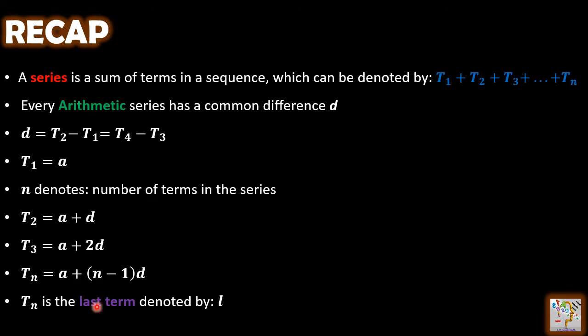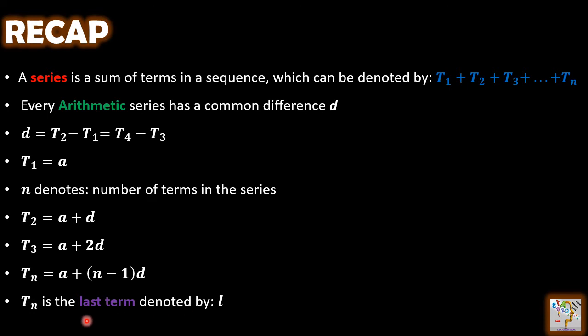Another thing you should understand is that Tn is the general term, which can give us the last term of the series itself, the last term of any series. If we know the last term, instead of writing Tn, we can just denote it by L. Sometimes the series is finite, sometimes it's infinite.